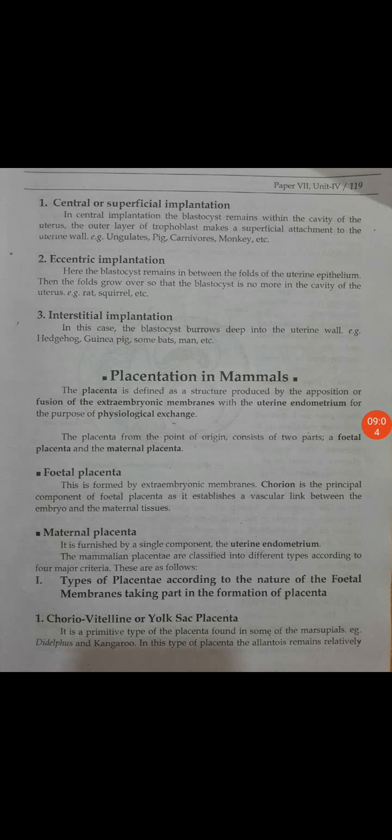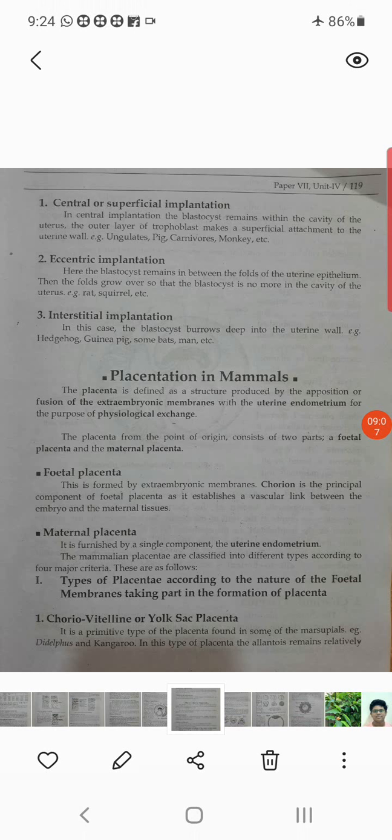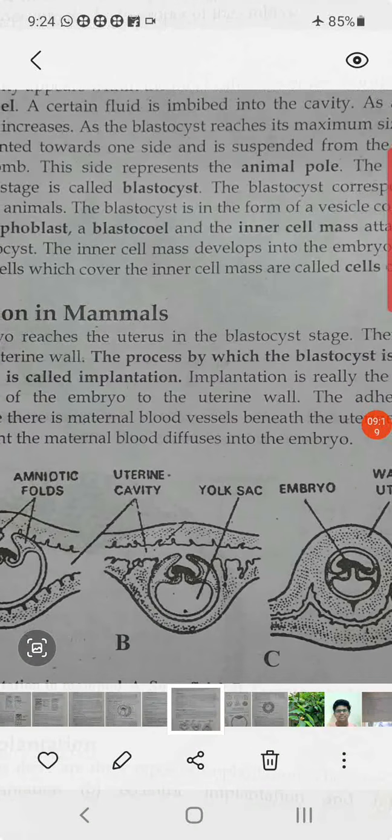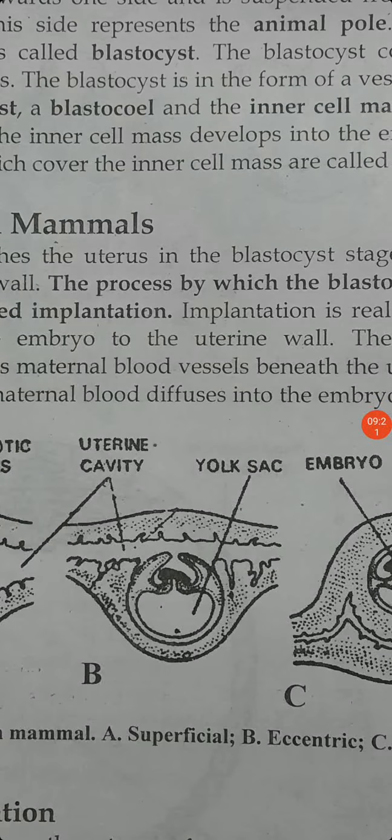Okay. Then the second one is the eccentric. So in the eccentric, what happens? Here the blastocyst remains in between the folds of the uterine epithelium. See the diagram. See here, in the eccentric, it is in between the uterine folds. This type of implantation occurs in the rat and squirrel.